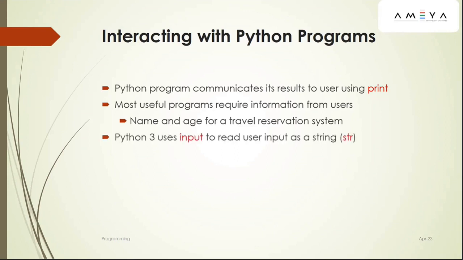Okay. Python 3 uses input to read user input as a string. Normally we are using data types like integer, float, character, string. So Python 3, which is nothing but Python version 3, uses input. Input is the predefined keyword used in Python to get input from the user.